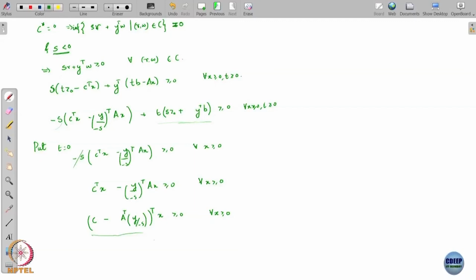Now, this has to be greater than equal to 0 for all x greater than equal to 0. What does this mean?